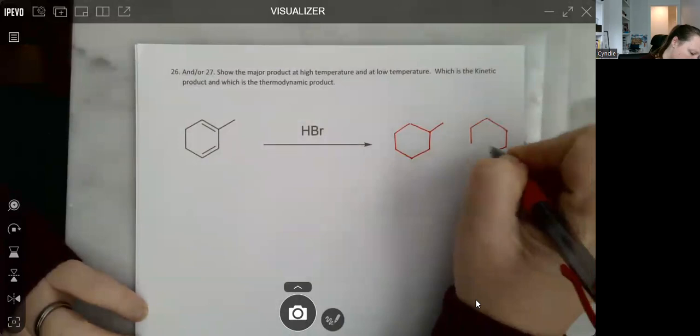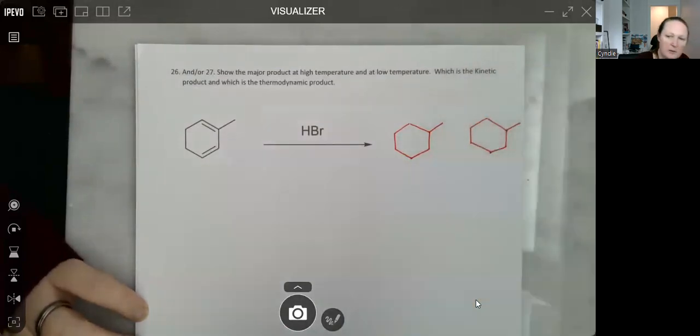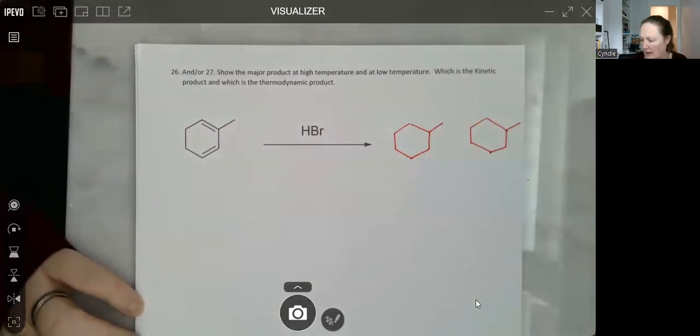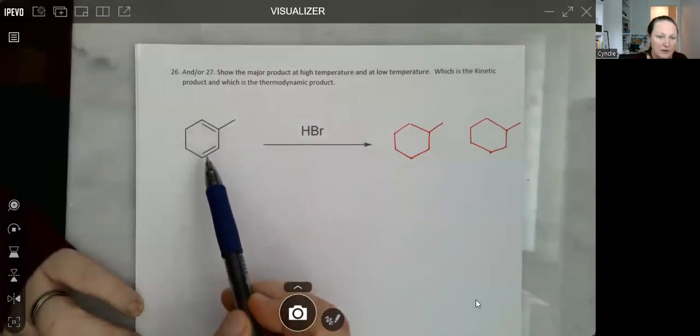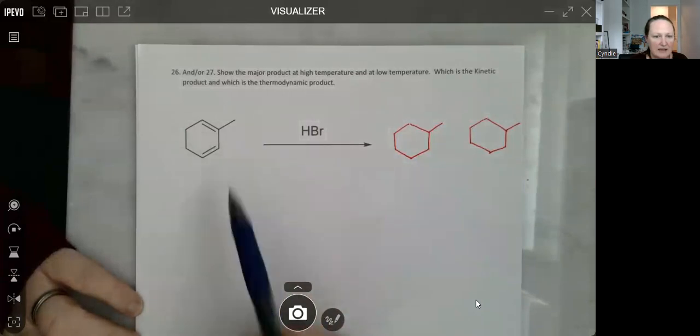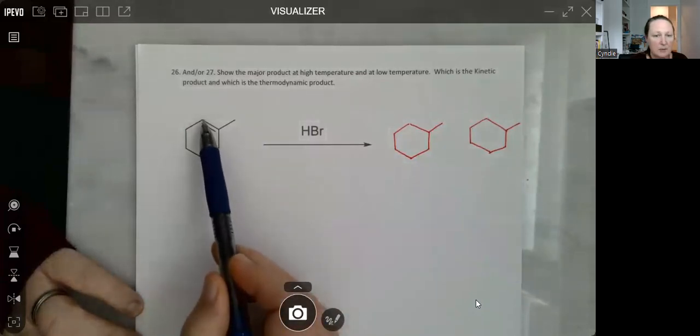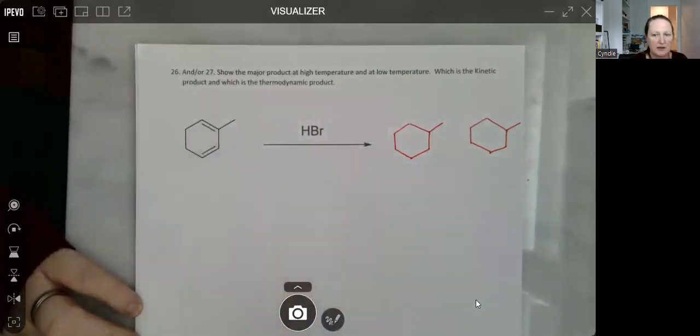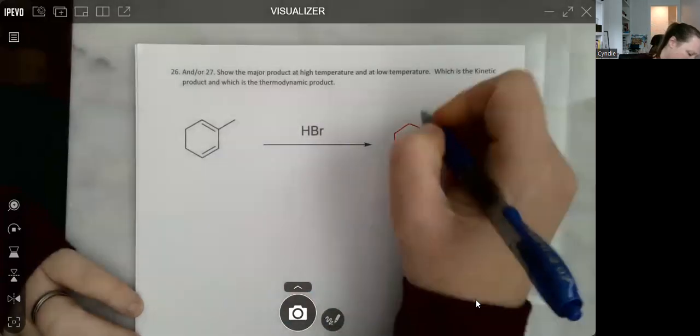So I'm just sort of drawing two carbon scaffolds here. And we're going to place the hydrogen at one of the terminal positions of the diene. And since this is not symmetrical, we're going to have to analyze putting the proton here or putting the proton there.